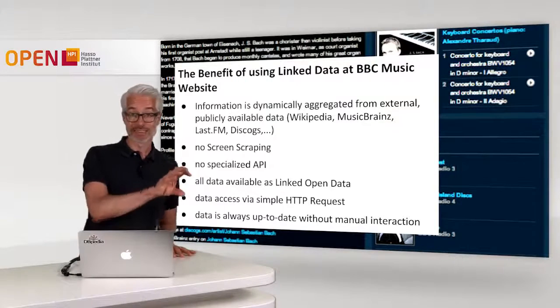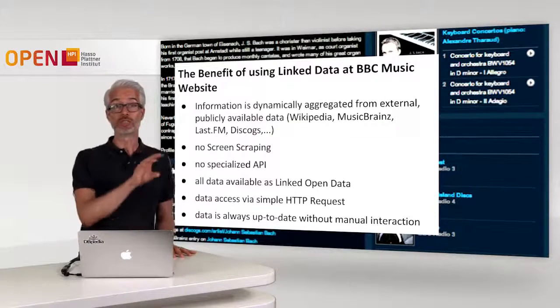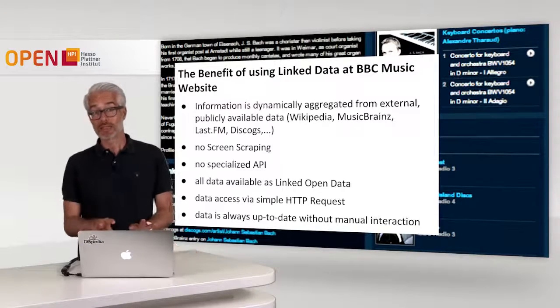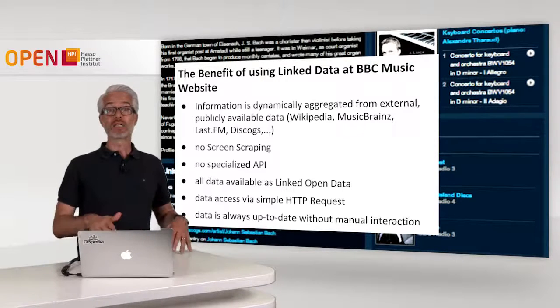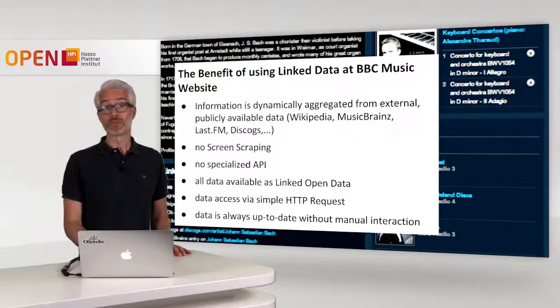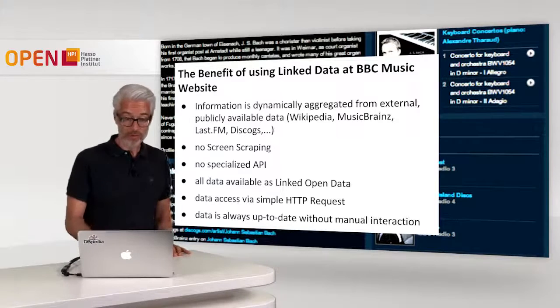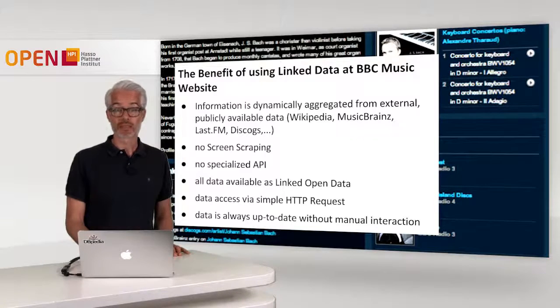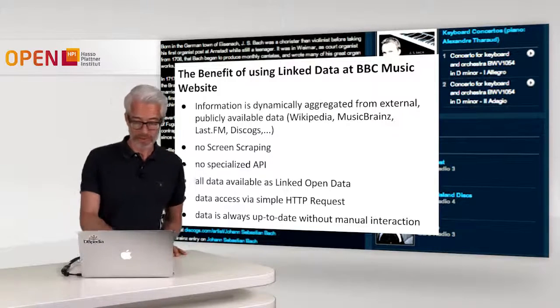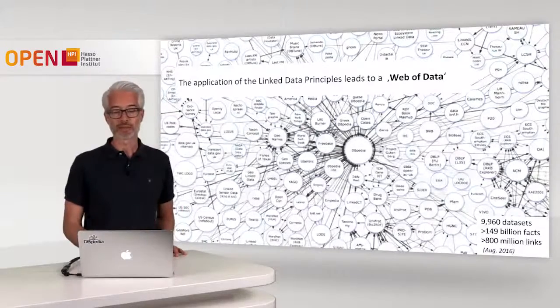They simply access this data via HTTP. And the data on the website is then presented always in an up-to-date manner without manual interaction. And this, of course, is a huge benefit because it can save you a lot of costs. So look up the BBC website, there you can see first use of linked data in a commercial setting.